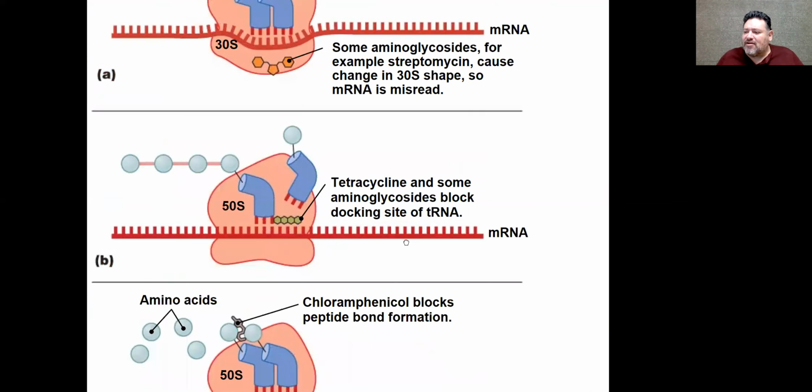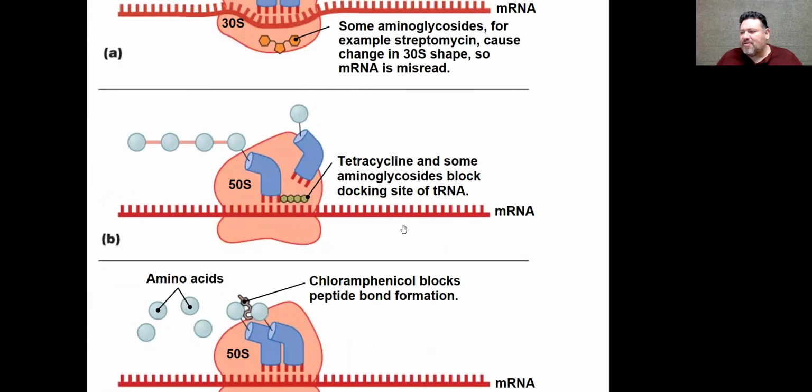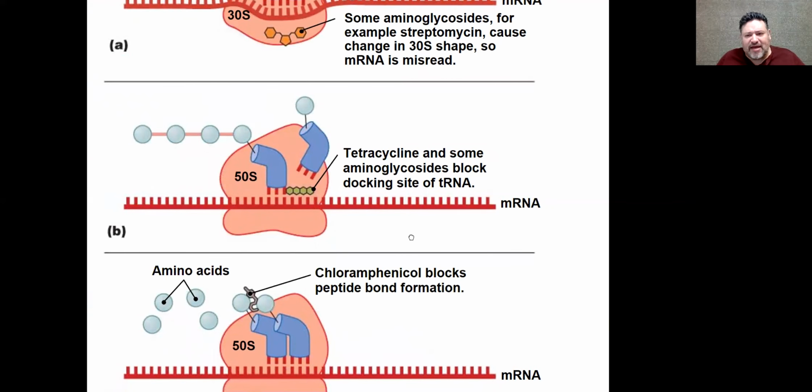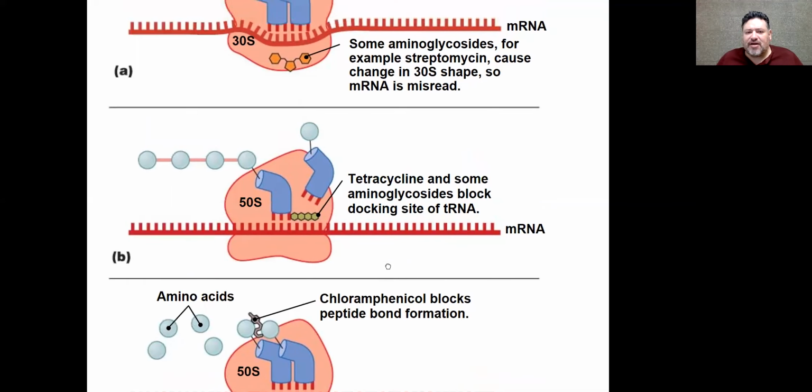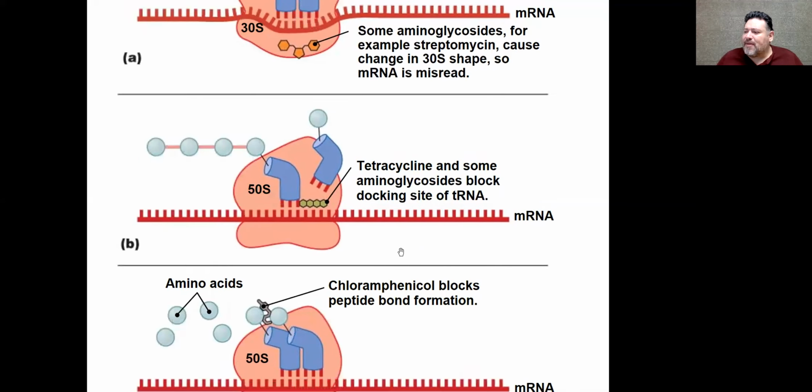Here's a second one, tetracycline. I don't know how many people have been on tetracycline. We're coming off it a little bit because apparently it gets incorporated into the teeth and it causes problems. So we don't use it as much as we used to. But look at its function. Tetracycline literally docks on the A site of the ribosome.